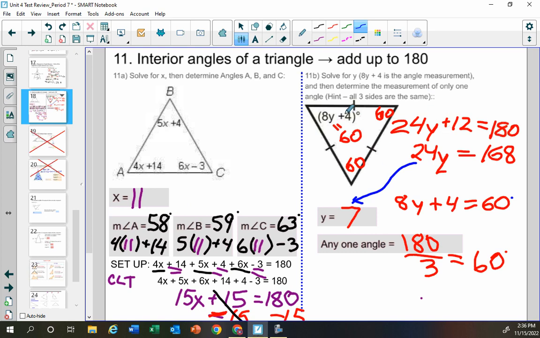Here, basically, this one was sort of the same. The only difference was all three angles were 8y plus 4, which really, I'm gonna just write this little step for, in case anybody's wondering, how do we get the 24y plus 12?